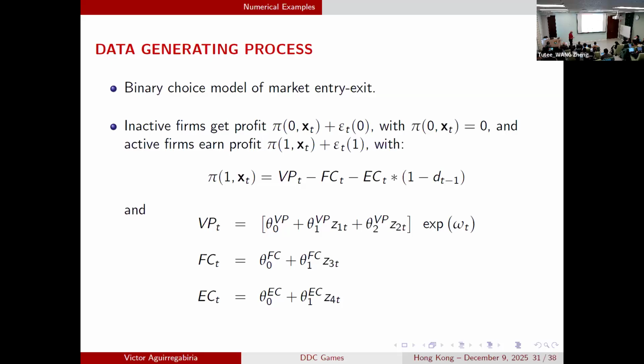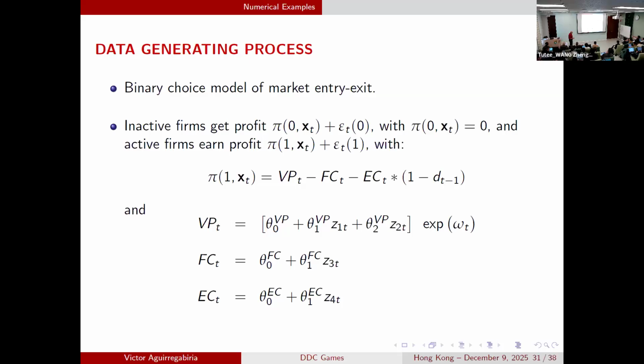Here we call variable profit a particular function that depends on these two state variables, C1 and C2, and this exponential of omega that we interpreted as something like the total factor productivity of the firm. There is a fixed cost that depends also on these other state variables.